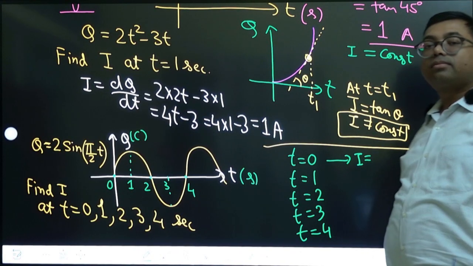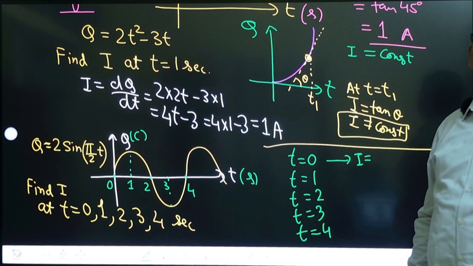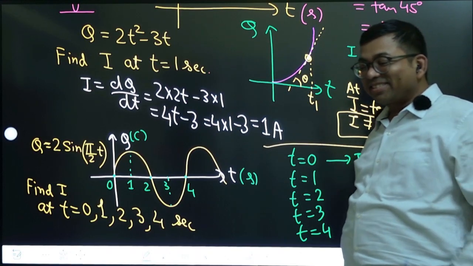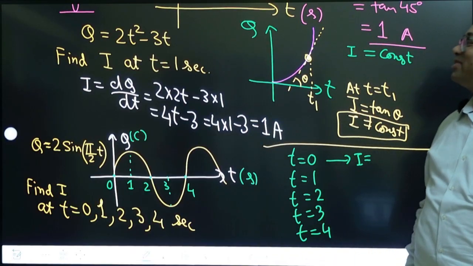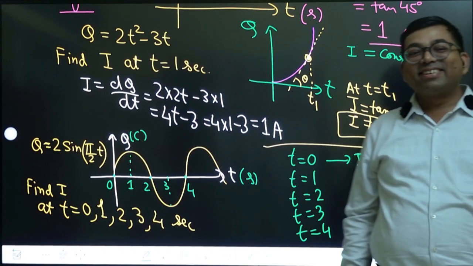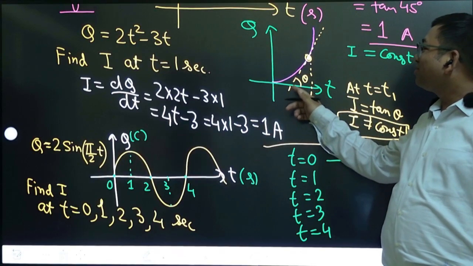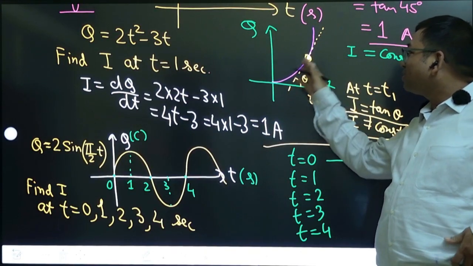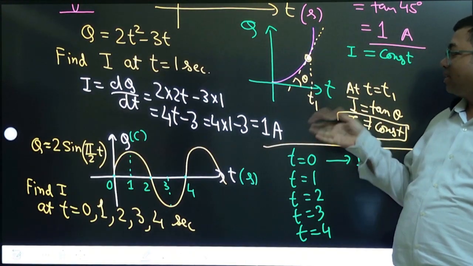Why 0? And this logic is not correct. Logic you are saying time is 0. No. Again, what is meant by current from the charge time graph? Is the slope, dy by dx or tan theta.